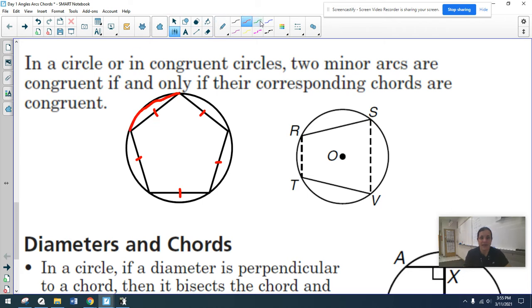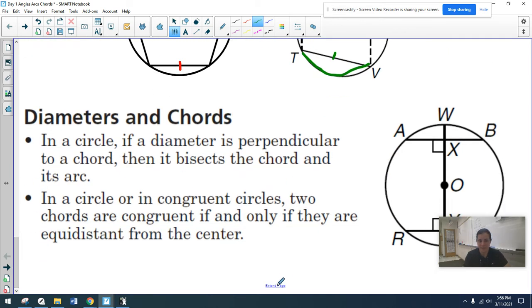Since these sides are equal, their arcs are also equal. That's all that's saying. Okay, so again, let's say they gave us little marks like this, and they told me that those two were congruent. So if RS is congruent to TV, what that means is the arc for RS, this part right here, would be equal to the arc right here.